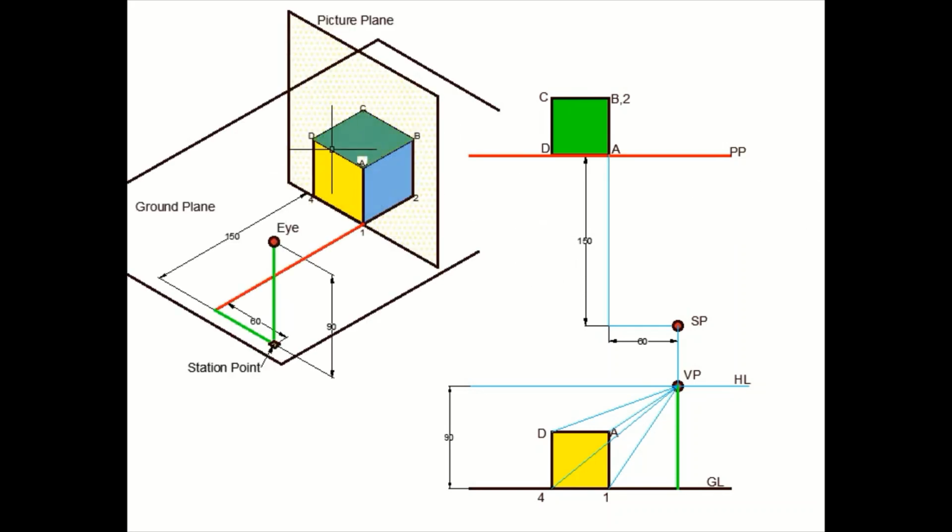The face AD41, the yellow colored face, is already touching the picture plane. So this face has to come in the perspective as its true shape. All the points which are not lying on the picture plane, that is vertex B, C, 3 and 2, and all the edges passing through these vertices, need to undergo some kind of reduction in size.